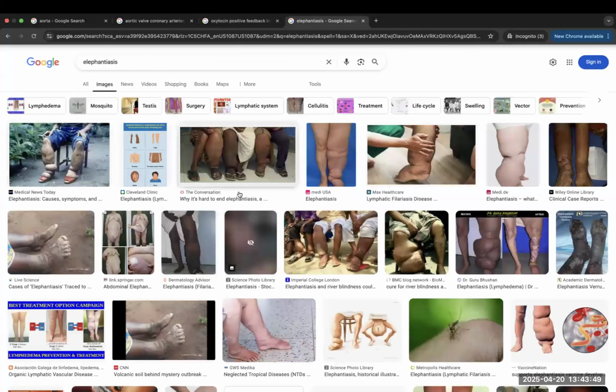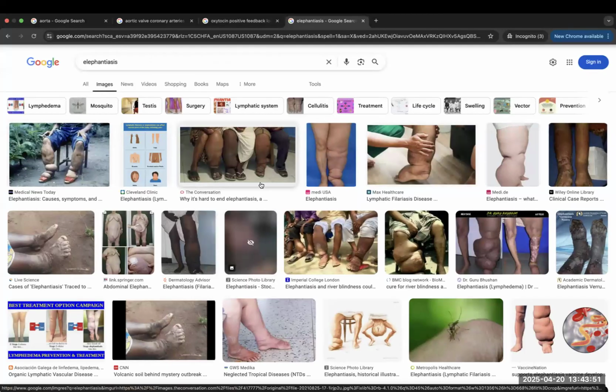I think I spelled it wrong, but that's when your body cannot move the fluid back into the circulatory system. Then it builds up in the tissues, and that's what's called elephantitis. You've got issues with the lymphatic tissue, and it's not able to remove all of the fluid in the leg, and the leg becomes enlarged, almost like an elephant's foot. That's where the name comes from.